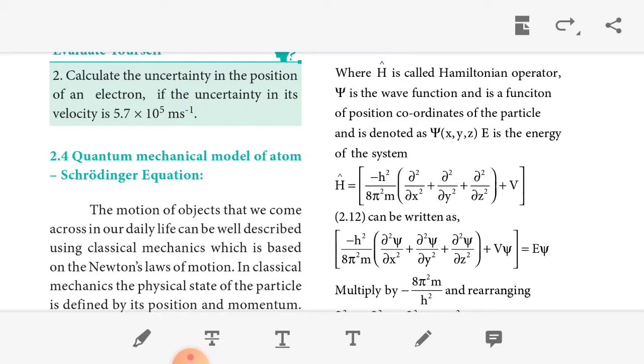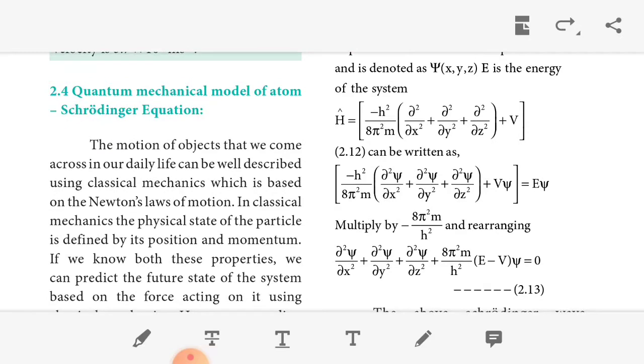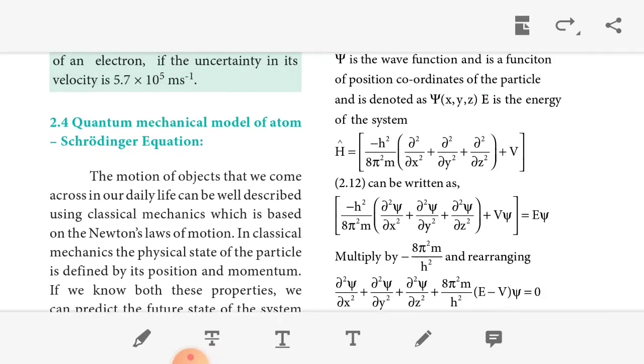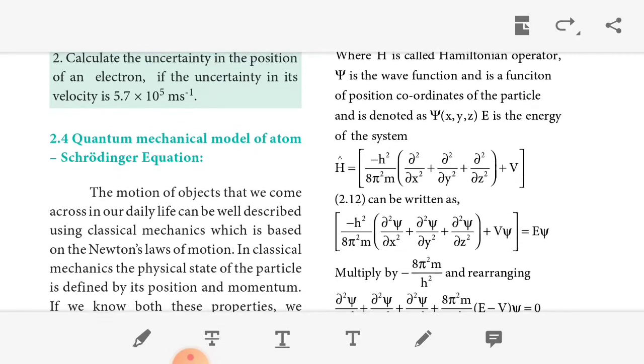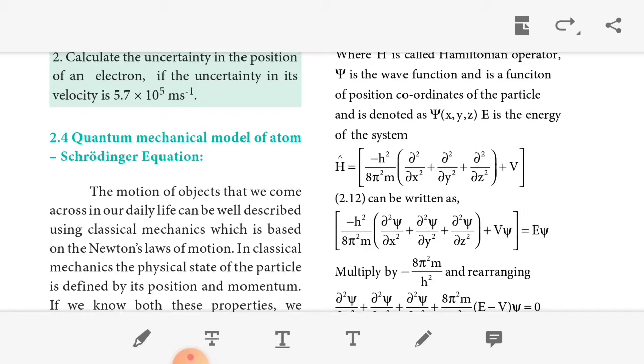Then this can be written as minus h square by 8 pi square m into dou square psi by dou x square plus dou square psi by dou y square plus dou square psi by dou z square, plus V psi equal to E psi.